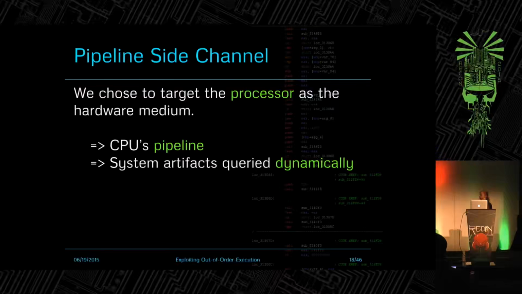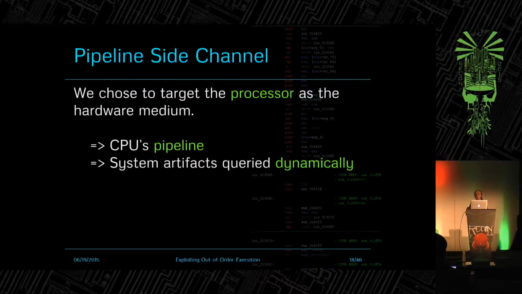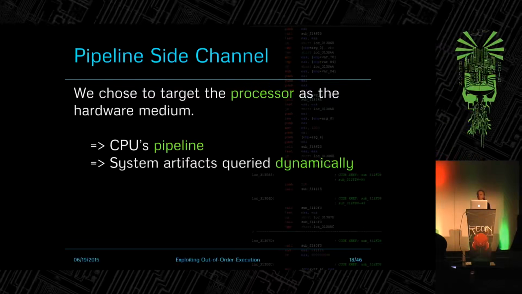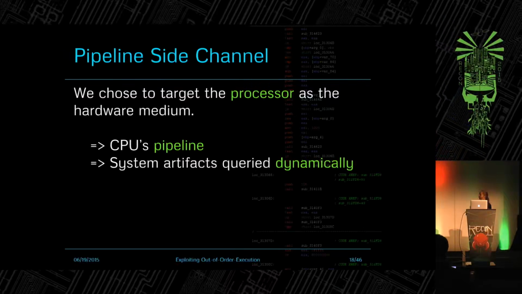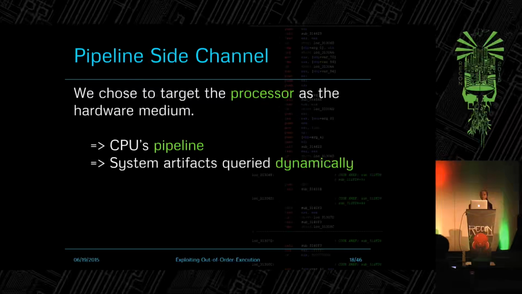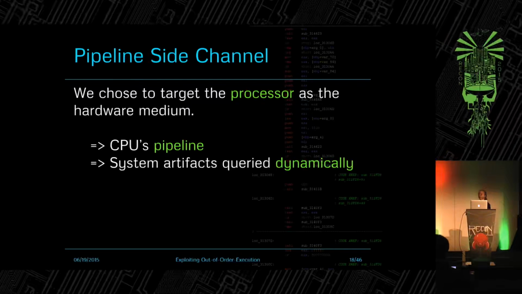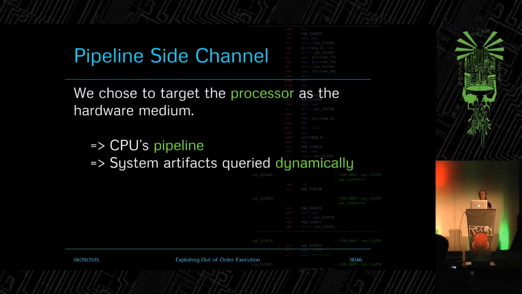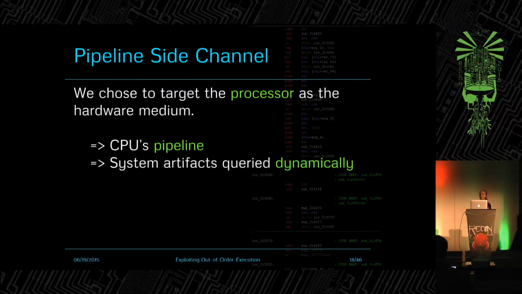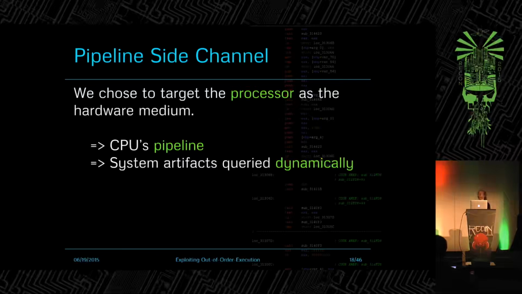So specifically, we chose to target the processor as the medium, and on the processor, the CPU's pipeline. And the difficulty associated with the pipeline is that we need to query these artifacts or these messages that we're forcing dynamically. So there's no really easy way to query the pipeline for a specific state, because if you did that, you'd probably be affecting the pipeline state.